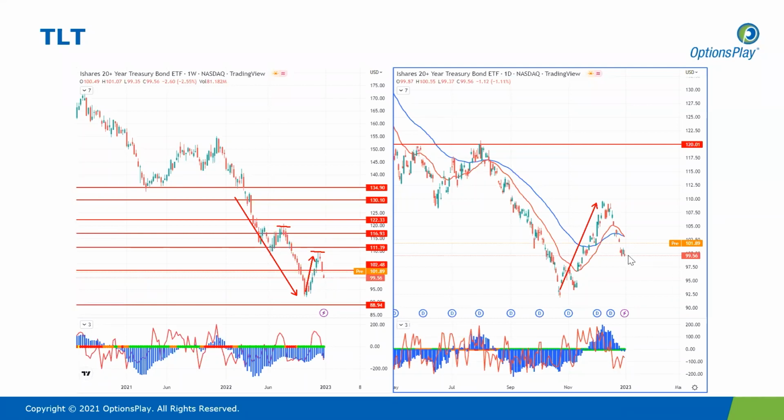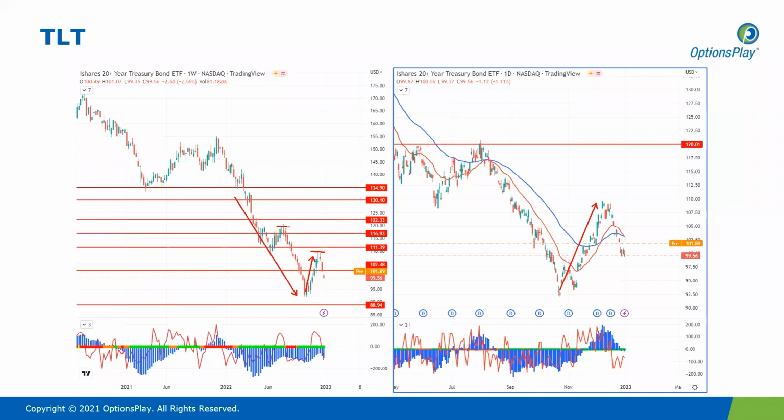However, this morning on the daily, we are seeing a little bit of a gap higher. Overall thesis does remain neutral with a bearish bias. We know that it's looking like interest rates will cap out at around the 5% level, unless something drastic happens in the economic numbers. But we have some certainty as to where interest rates will be going in 2023.